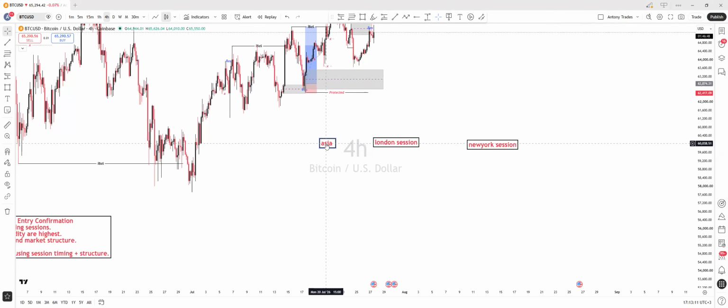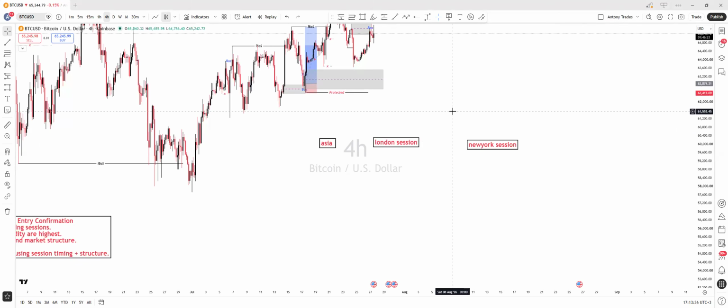Also gold, if you trade gold, you can trade it during the Asia session. Then we have the London session. London is known for the dollar, so the dollar really moves very well during the London session. The likes of EUR/USD, GBP/USD, AUD/USD normally have very good volatility during the London session and also the New York session.